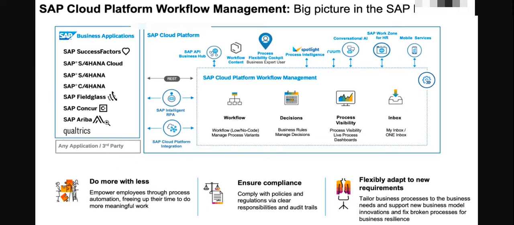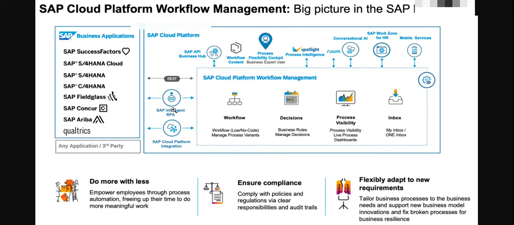Here you can see the list of supported solutions, for example SAP SuccessFactors, SAP HANA on Cloud, Fieldglass, Concur, Ariba. You name it and you have it there. Apart from this, there is also a possibility to integrate conversational AI, as well as intelligent RPA, which is again a kind of add-on.